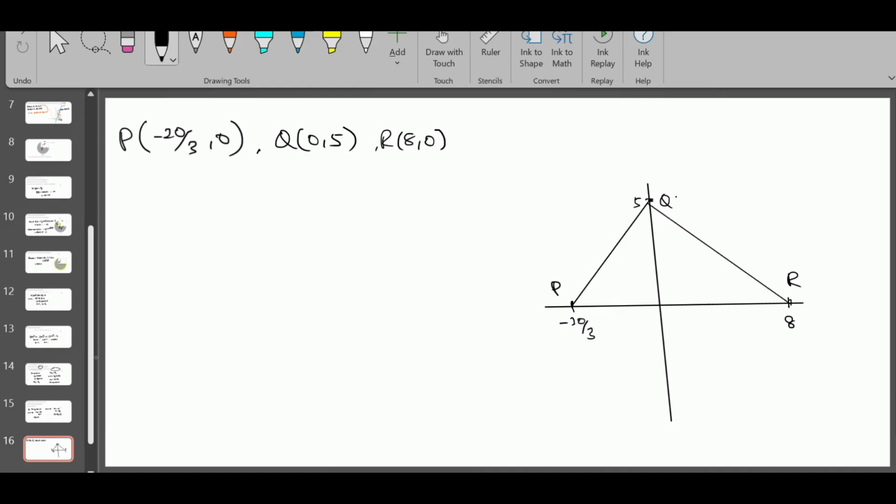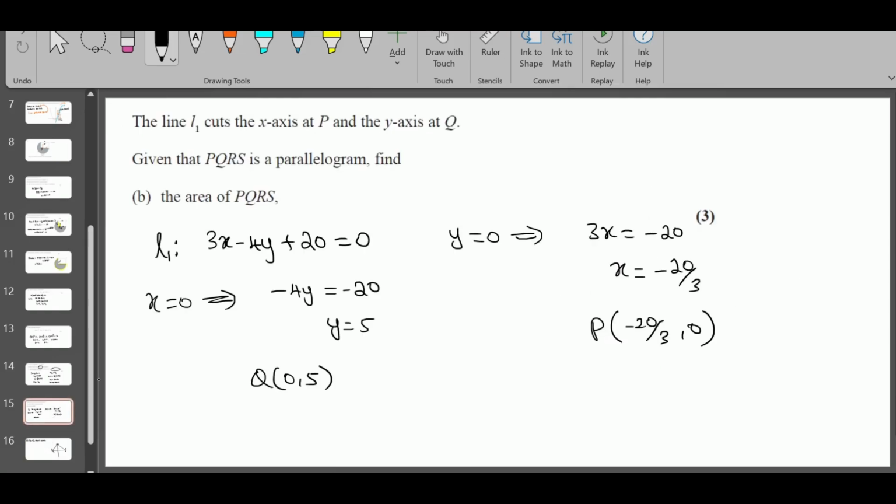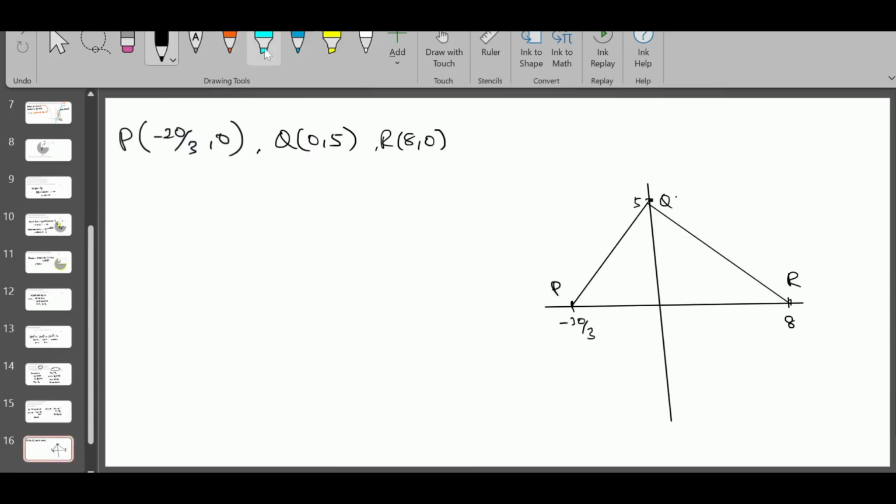We have a triangle, but the question says PQRS is a parallelogram, find the area. So let's assume there is another point S here. We don't know where the point is, just assume it's here. They are talking about this parallelogram.